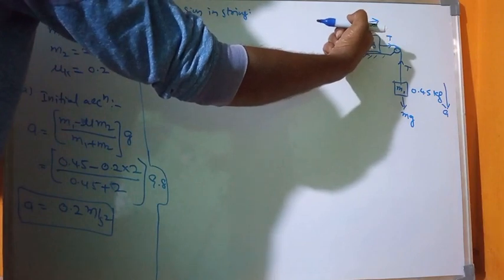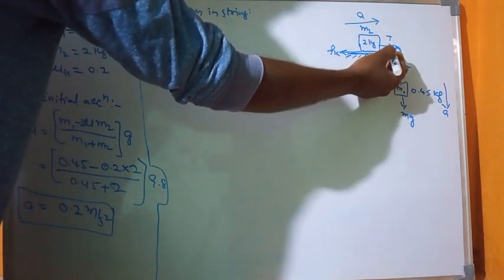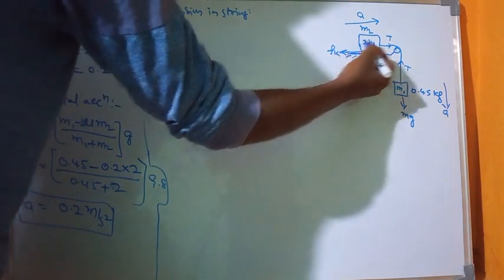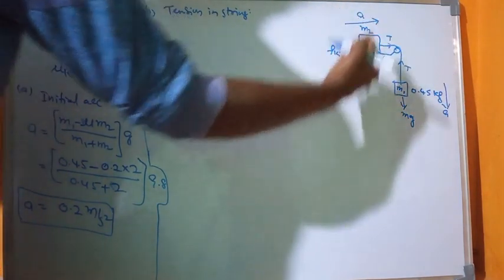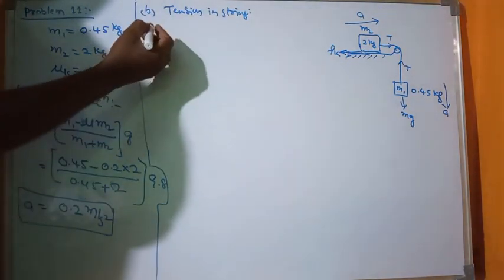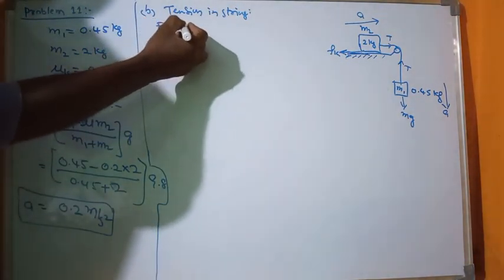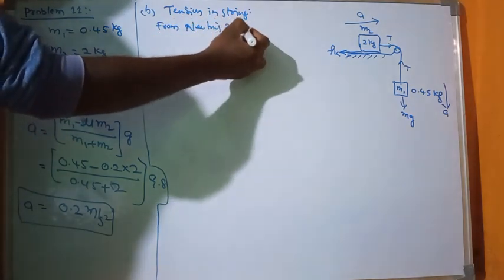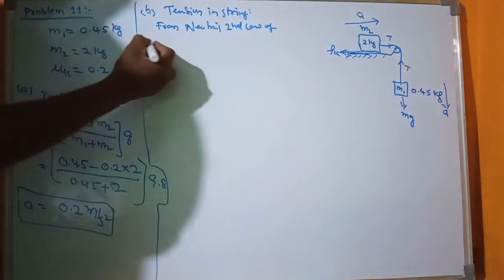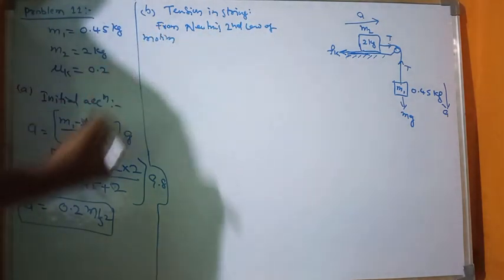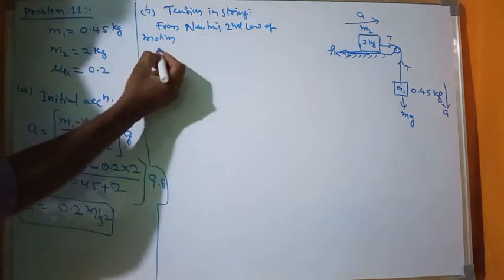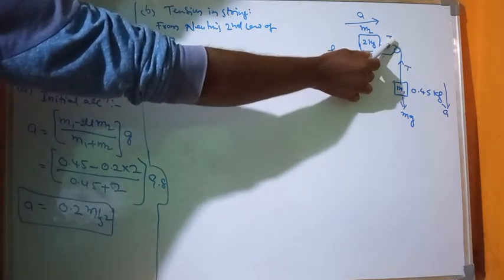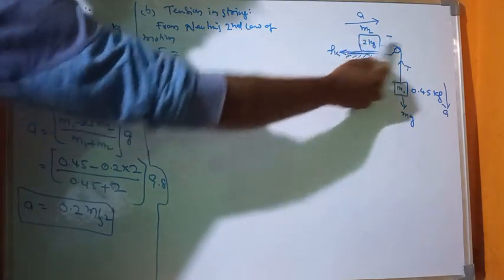According to Newton's second law of motion, this tension force is larger than this friction force. Then only it is moving in this direction with this acceleration. So from Newton's second law of motion, we can write that the resultant force is, here tension is greater than the frictional force, that's why it is moving in that direction.